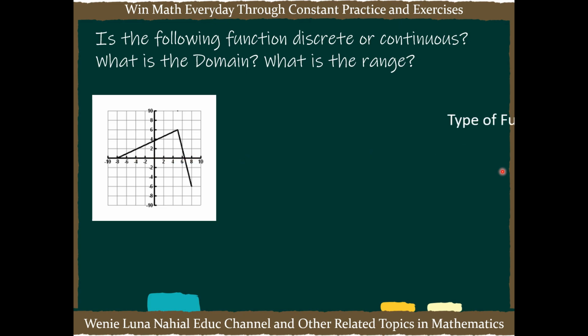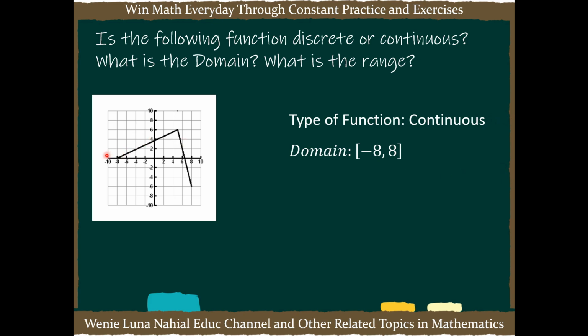That is why we say that the domain here starts from -8 up to +8. All the numbers from -8 to +8 are used as x-coordinates of the points on this graph.